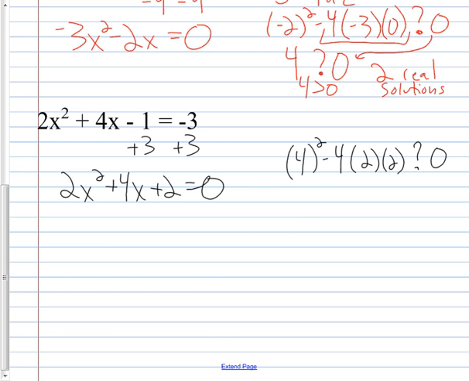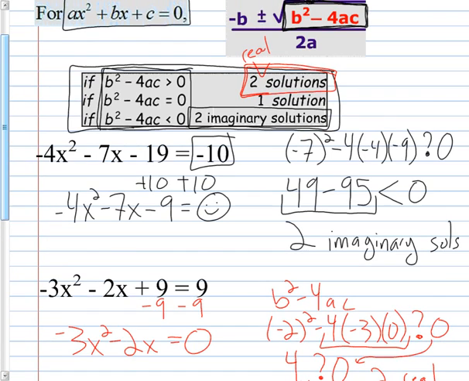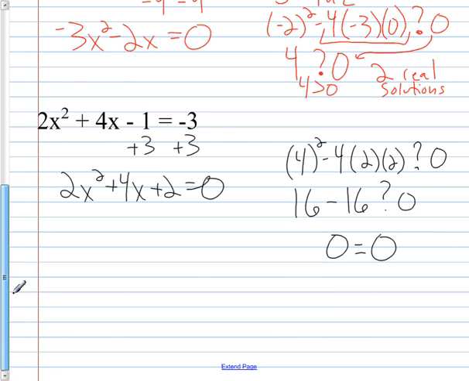Compare that to 0. That's going to be 16 minus 16. Well, that's 0, and 0 equals 0. So if your discriminant equals 0, what does that mean? That means there's just one real solution.